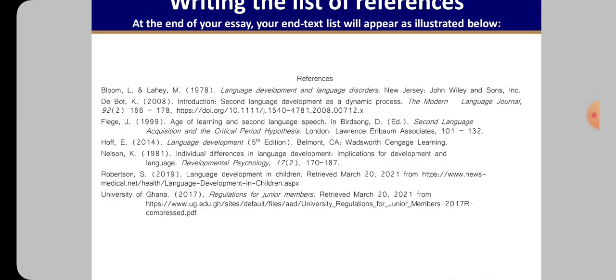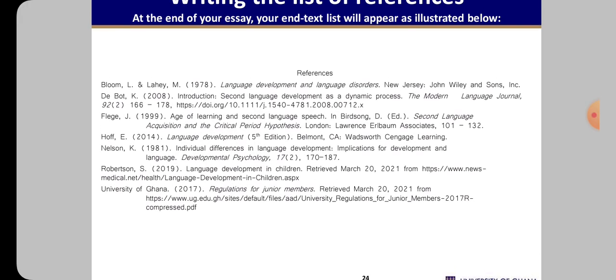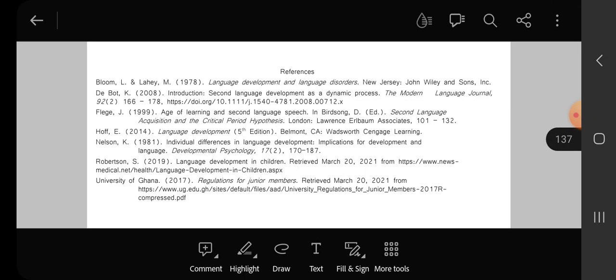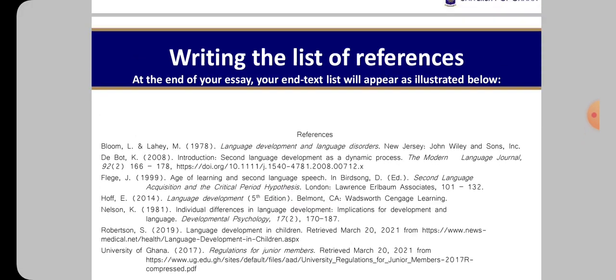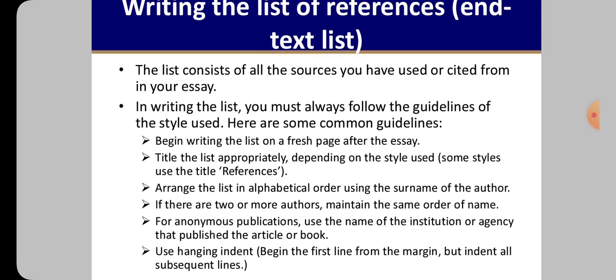So you must learn the differences between the two, how to reference a book or a journal using APA or MLA. Learn all these things, and if I get time, I'll release a video on these things.